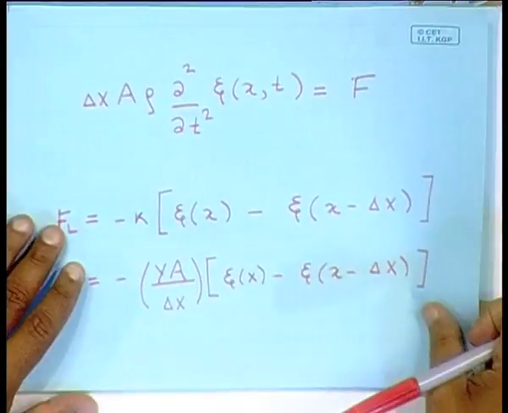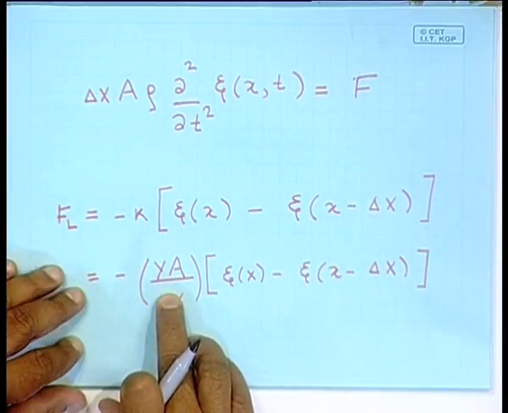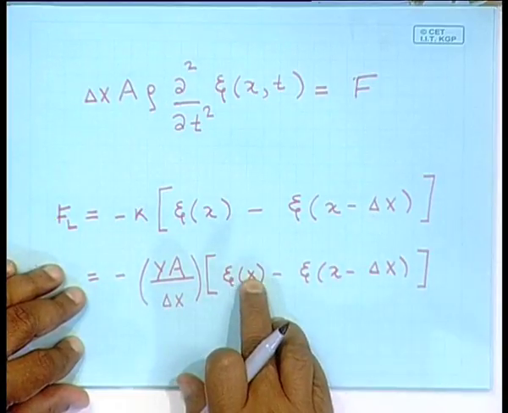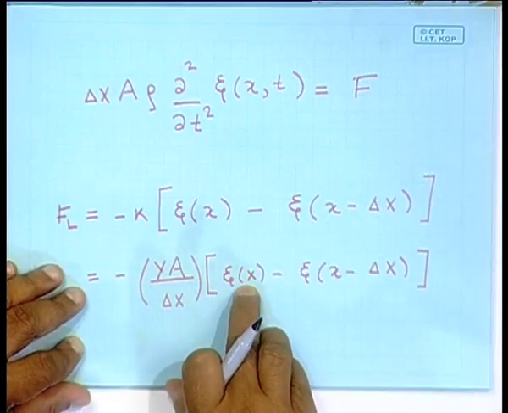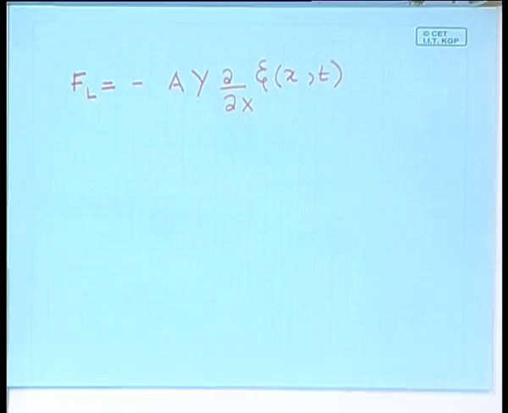So, the ratio of this difference divided by delta x is the derivative of xi at the point x, which is what we have replaced over here. So, we have calculated the force due to the spring on the left, and that is proportional to the derivative of xi at this point over here.